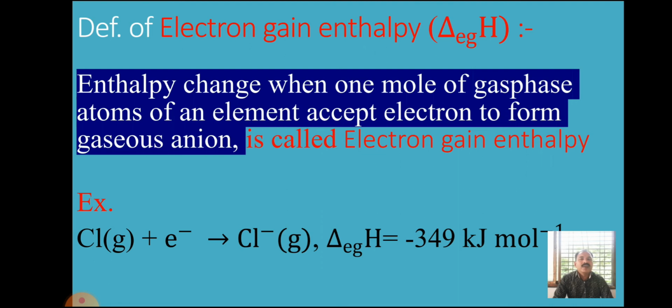Example: chlorine is a gaseous atom. When it accepts 1 electron, it produces the anion Cl minus ion in gaseous state, and its electron gain enthalpy is minus 349 kilojoule per mole.